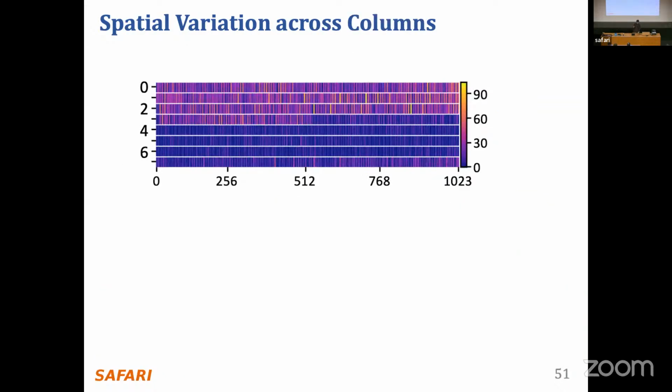We also look at how different columns of the DRAM are more vulnerable to RowHammer. Here, this heat map shows the column ID on the x-axis.